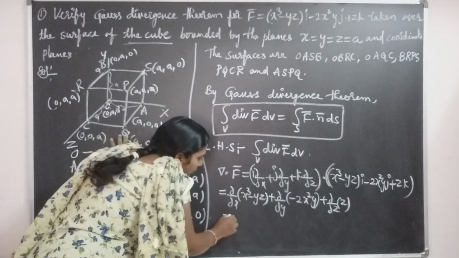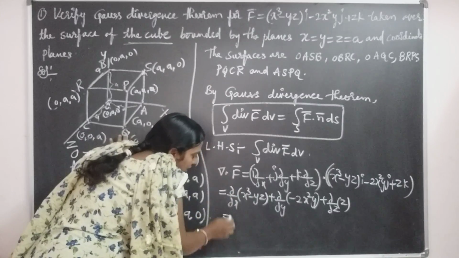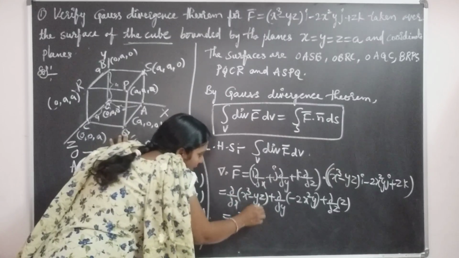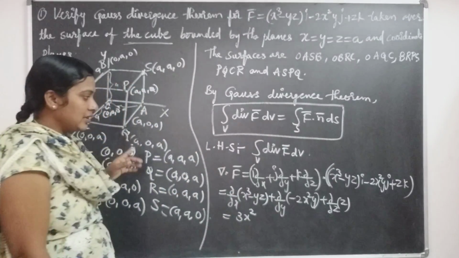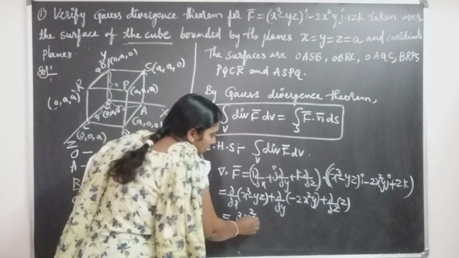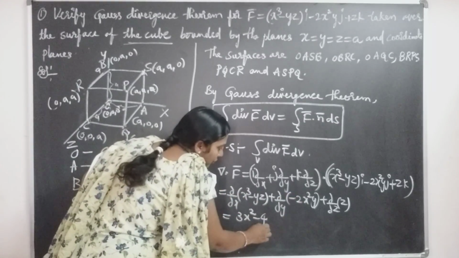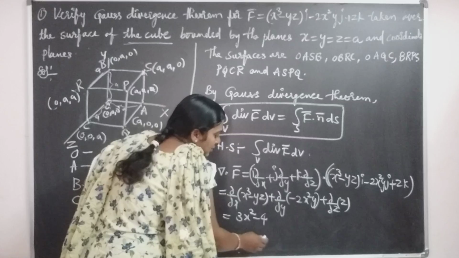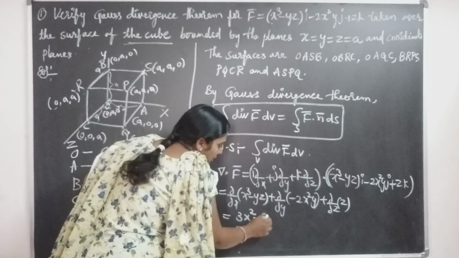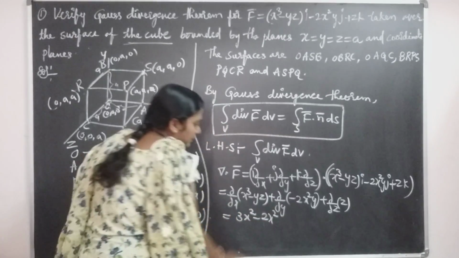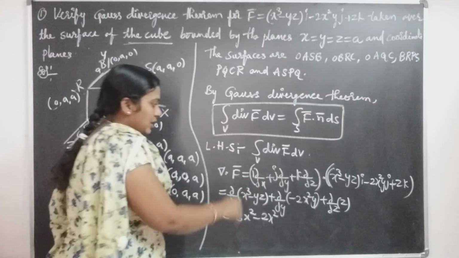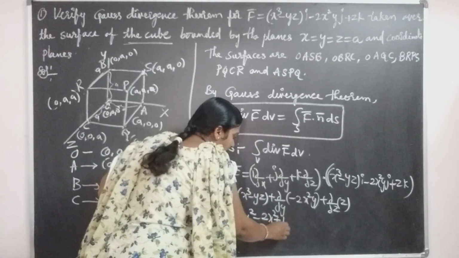Partial differentiation of x cube is 3x square, yz with respect to x is 0, minus 2x square since x square is a constant, and the z derivative is 1.